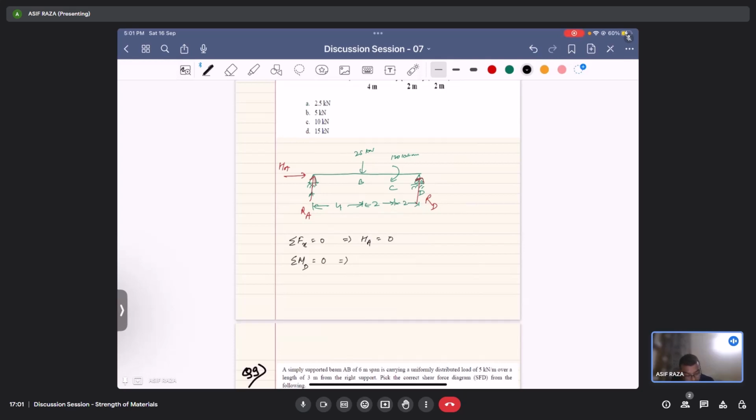So this would be RA times 4 plus 2 plus 2, that is 8, minus 25 into 4 plus 120, because we're taking clockwise here, and this is equal to 0.